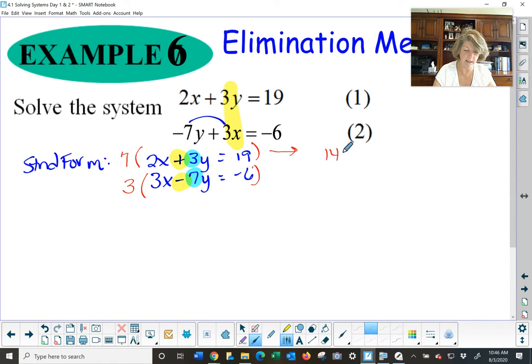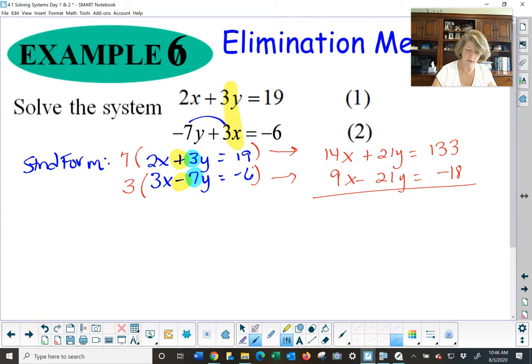We're going to get 14x plus 21y equals 7 times 19 is 133. Multiplying through by 3 on the next one, we would have 9x minus 21y. That's nice because look at that column. And then 3 times 6 is negative 18.